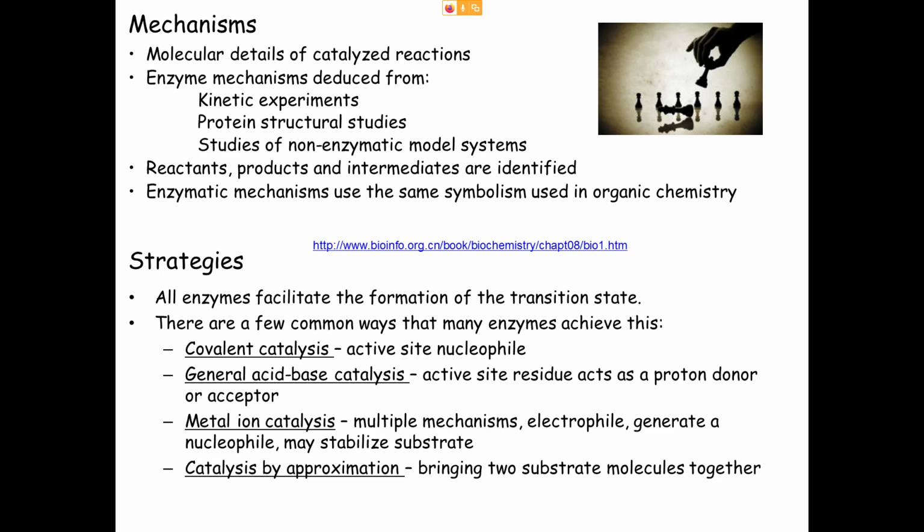What the enzyme does is facilitate that arrangement. So it just has a spot where they both can bind, and that arranges that oxygen and that carbon such that they can have the attack happen. So it just facilitates the orientation and proximity of the molecules. So it's called catalysis by approximation. Not abbreviation, but it just gets the molecules close together and in the right geometry to each other. Okay, so those are 4 basic strategies that we'll talk about.